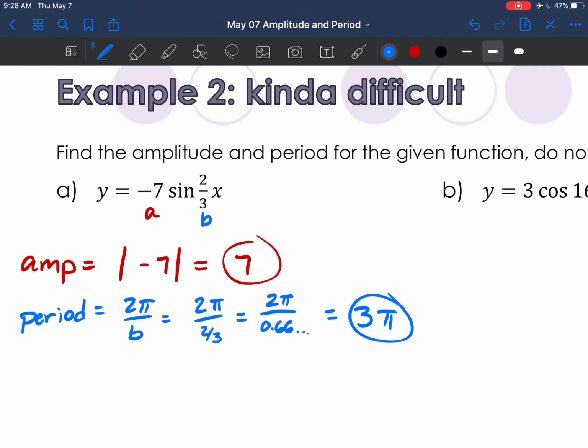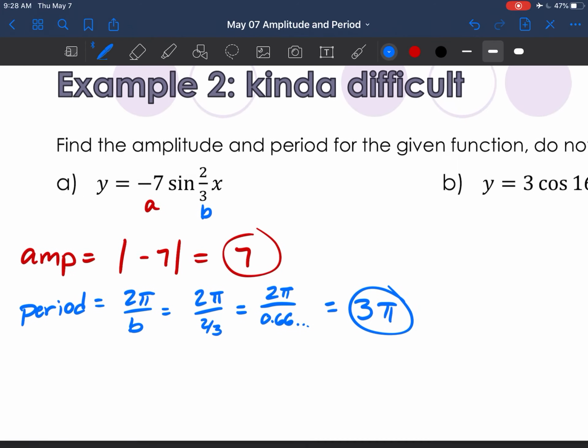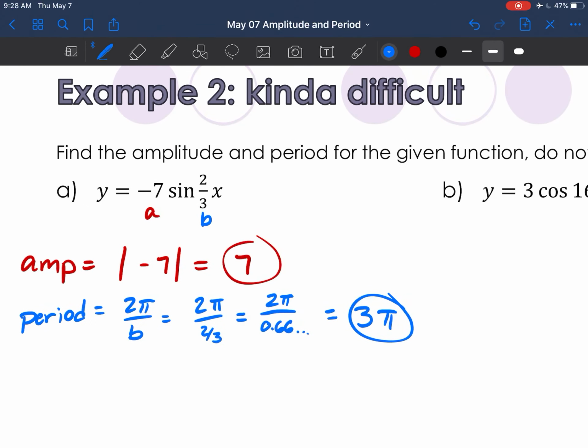Now, I'm going to show you how to work this out the actual way with fractions. At this point, since you're at home, just choose what you're more comfortable with. I'm not going to force you to use fractions, though if we were in a classroom, you guys know I would hold you to keeping it to fractions. But anyways, to do this using fractions, you would keep the 2 pi exactly how it is.